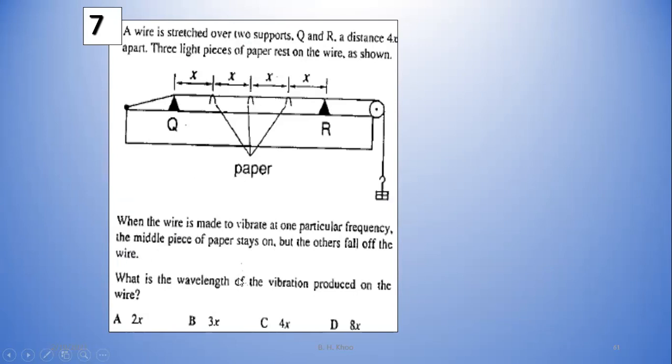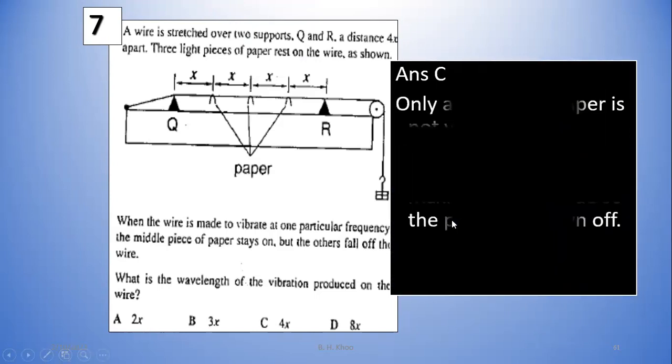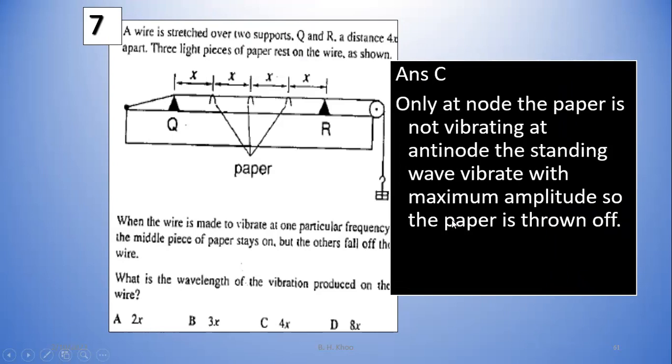What's the wavelength of vibration produced in the wire? What is your answer? Speak a bit louder, can't hear. 4x. Good. Just draw it. That's your stationary wave.